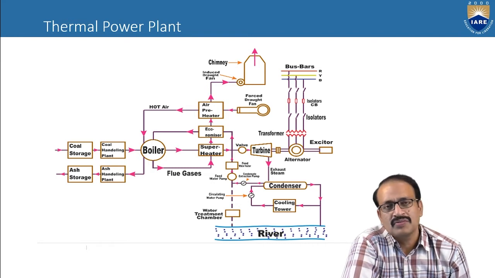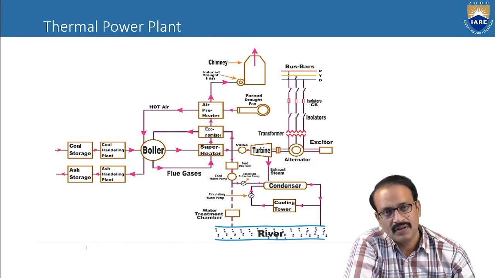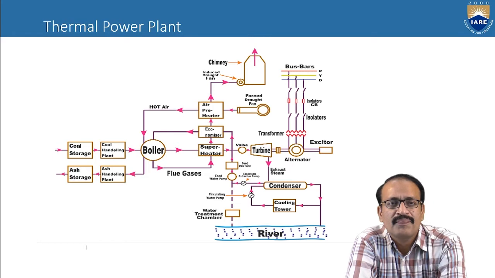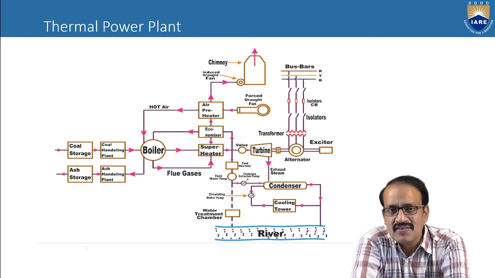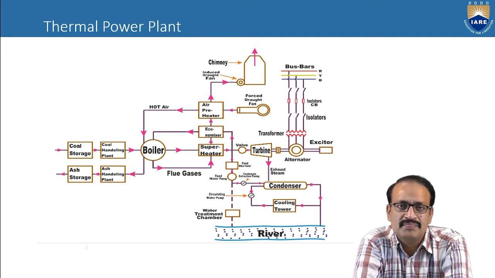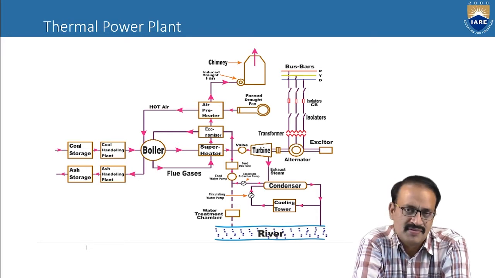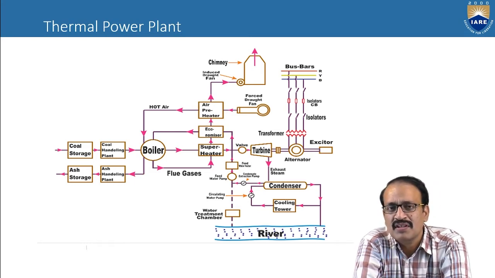But if coal is not available there, the advantage is we can supply the coal through road or railways. This is the advantage of this thermal power plant. And the construction cost is less and the construction time is also less.